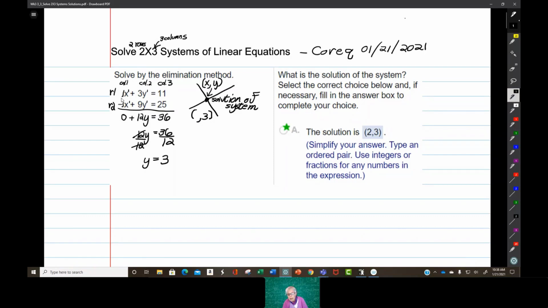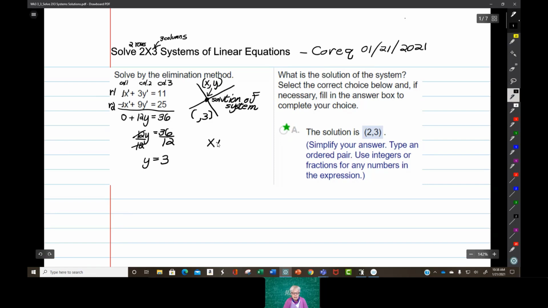I can now go back and use either one of these equations to find what X equals, and no fair looking at the answer. All right, I can use row 1 or I can use row 2, might as well use row 1.